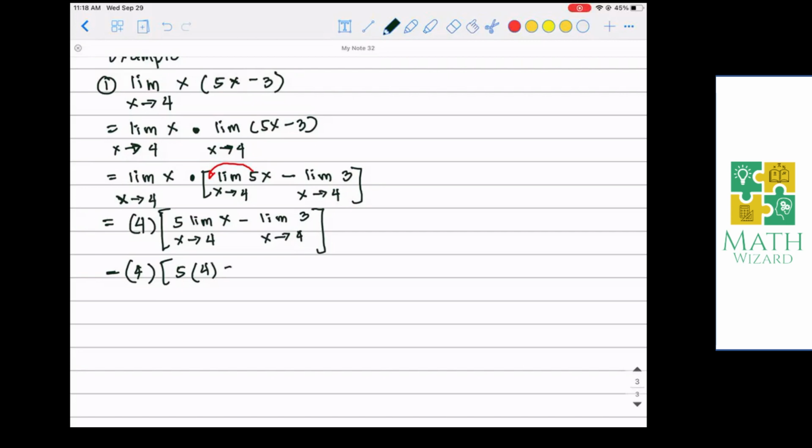Ang sagot ay yung constant. Kaya ang sagot natin dito ay 3. Is equal to 4. This becomes 5 times 4 is 20. 20 minus 3 ay 17. And then 4 times 17.